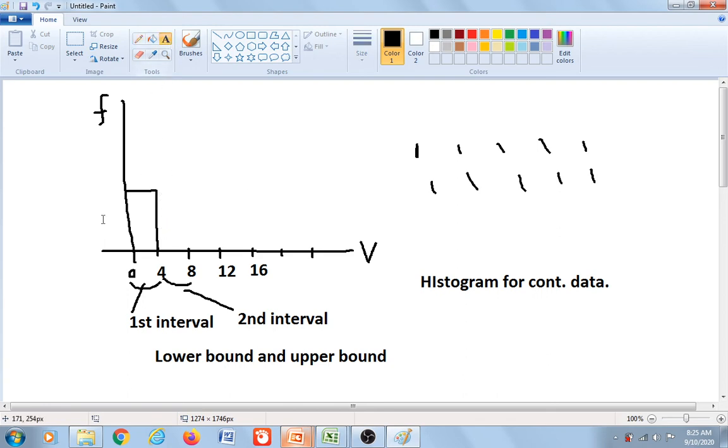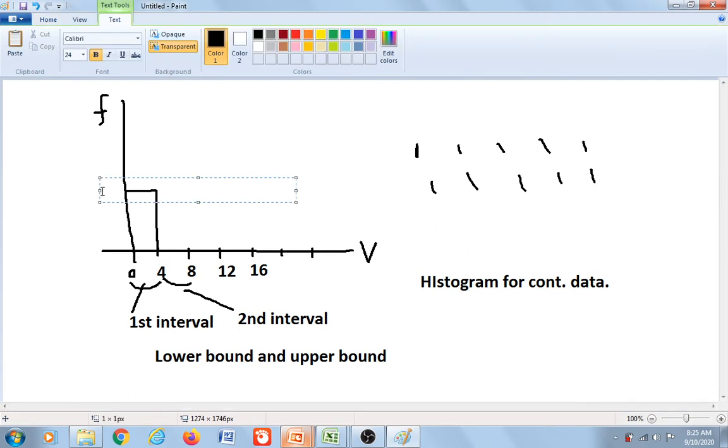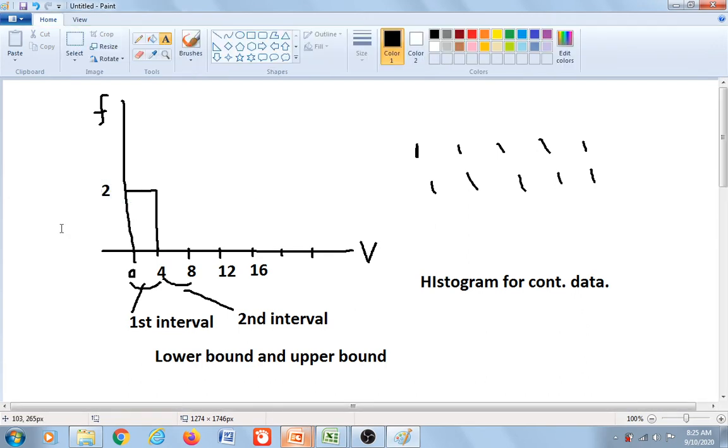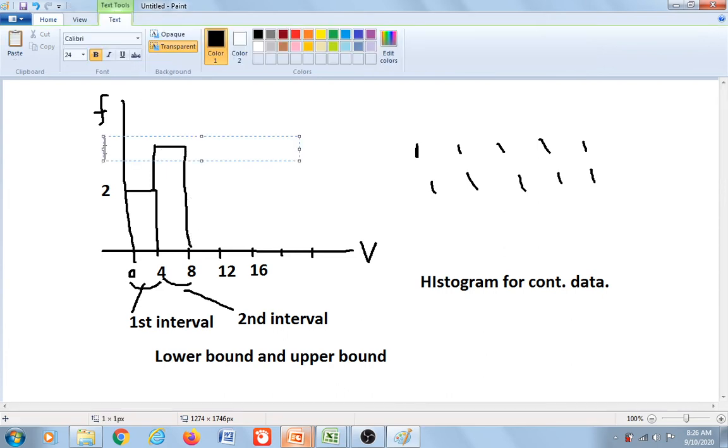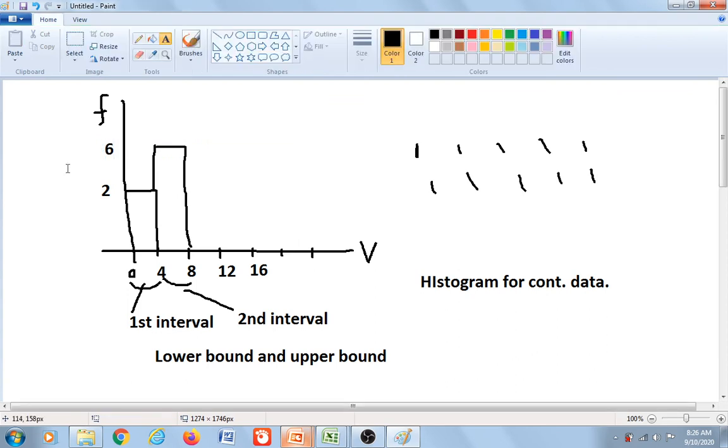So we plot it as a rectangle. The observations that we have from 0 to 4 is 2. And then from 4 to 8, we plot it. Maybe we have 6 observations. So that's how we develop a histogram.